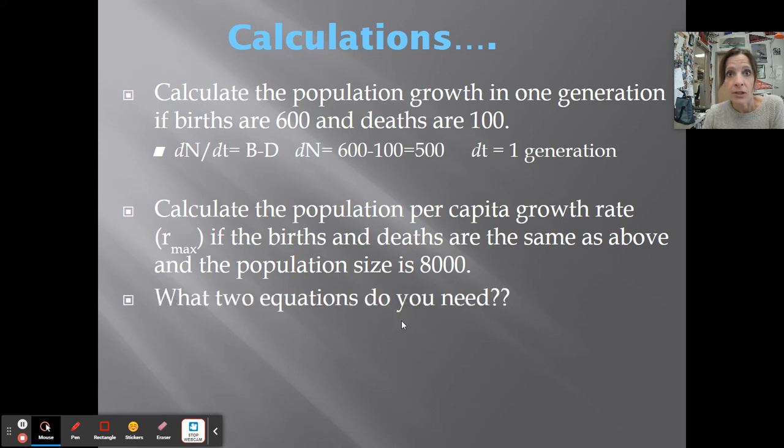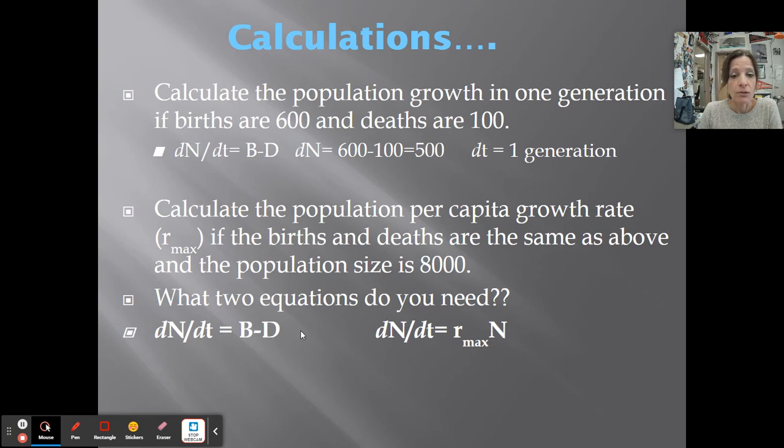Okay, so first you need to think about which equations you need. The two equations that you should use are this growth rate one and also the exponential one. Something you should remember from algebra probably is when two equations are equal to the same thing, you can set them equal to each other. So you know births, you know deaths, and you know population size.